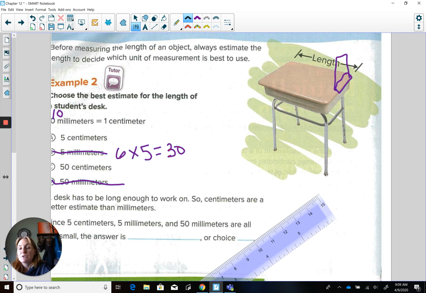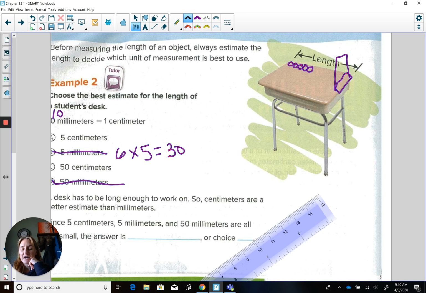Now look back at centimeters. Granted, I don't think a ladybug is a perfect representative, because it's a little bit bigger.